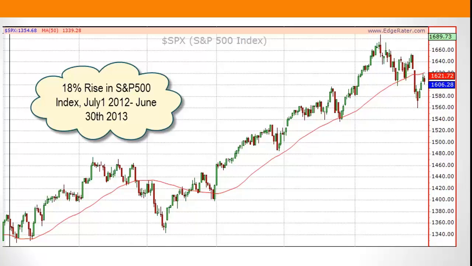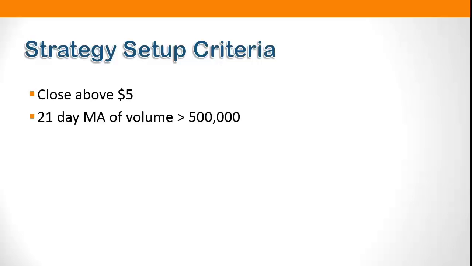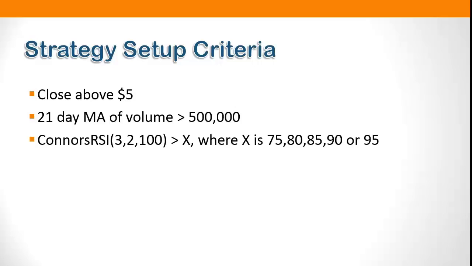For the strategy, the setup criteria for entry is that the stock must close above $5, that the 21-day moving average of volume has to be greater than 500,000, and that the ConnorsRSI 3, 2, 100 is greater than X. If you don't know what that means, you can find out more about it on the TradingMarkets site.